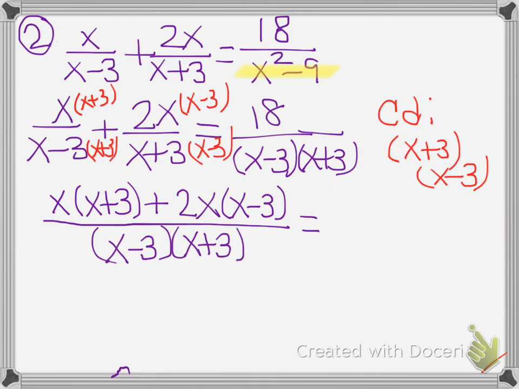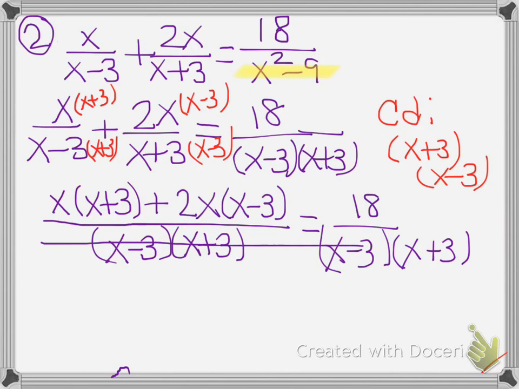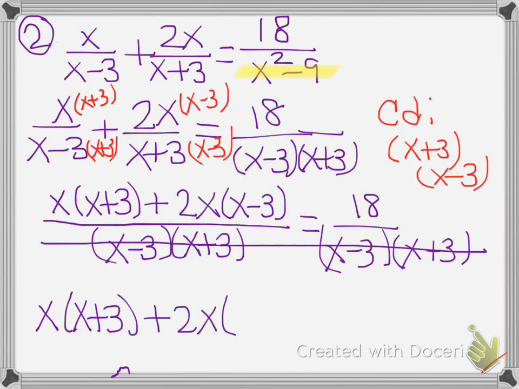So that's how we add fractions, so we can go ahead and combine it into 1, and that's going to equal this guy. But the nice thing is if they're the same denominator on both sides, then it goes away, and we only have to deal with x times x plus 3 plus 2x times x minus 3 equals 18. All right, so let's solve that.